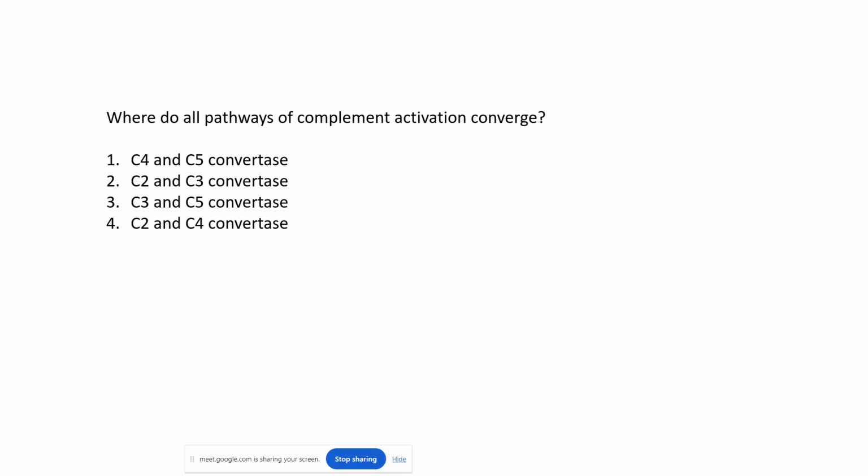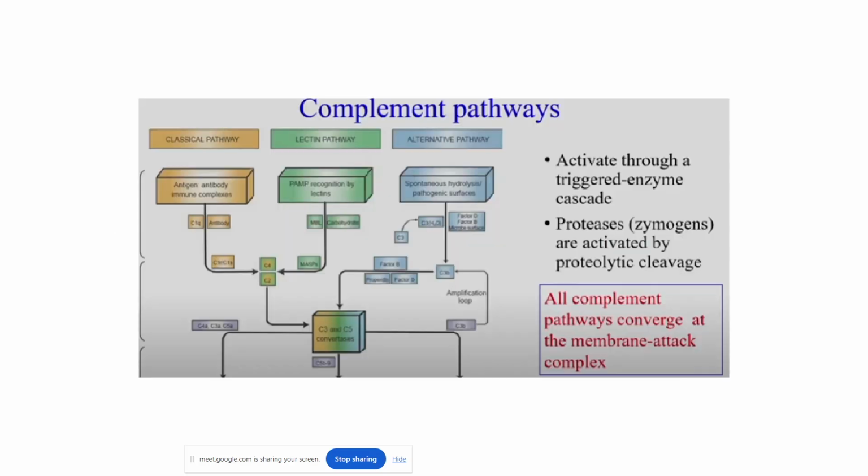Do you want to answer, Sakshi? I don't know this. Okay, so the correct answer here would be again option 3, C3 and C5 convertases. If you go through the lectures, here it shows the classical pathway, the lectin pathway, and the alternative pathway. All of them converge at the C3 and C5 convertases.